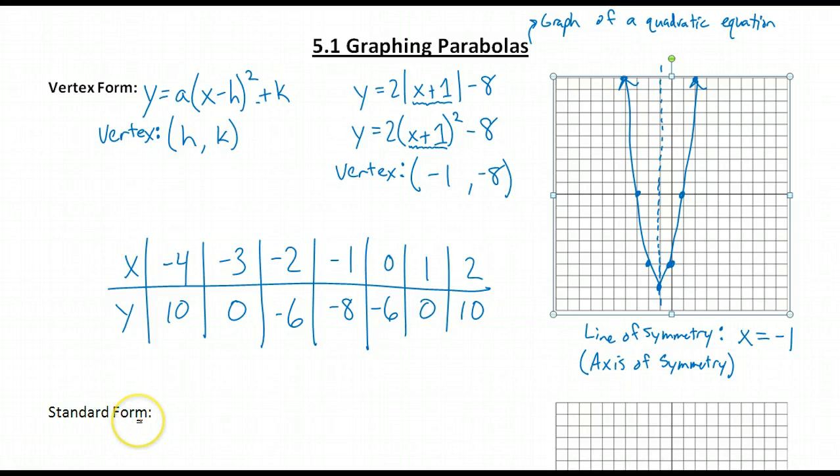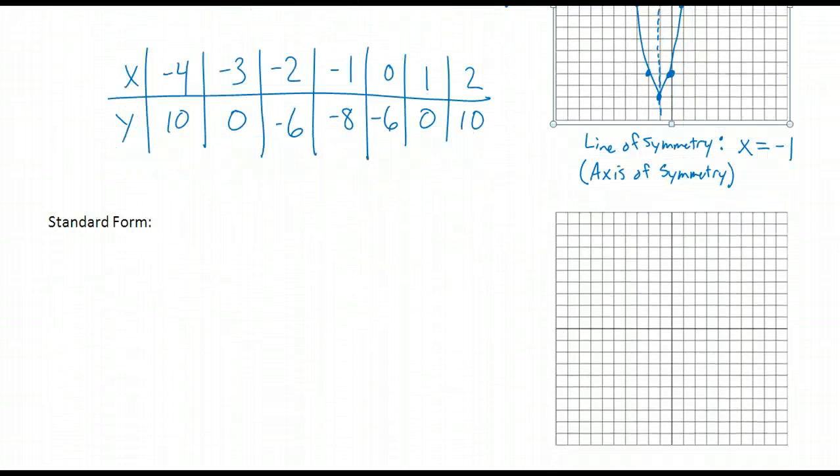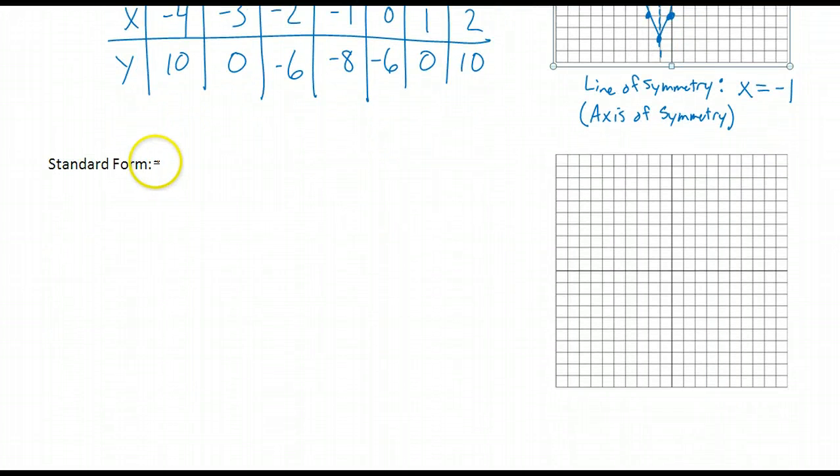The standard form of a parabola looks like this. Y equals a number times x squared plus a number times x plus a constant. We have a quadratic because the highest power of x is 2.